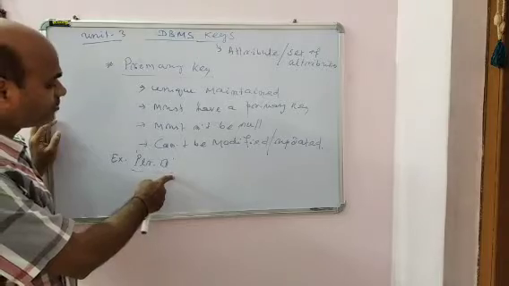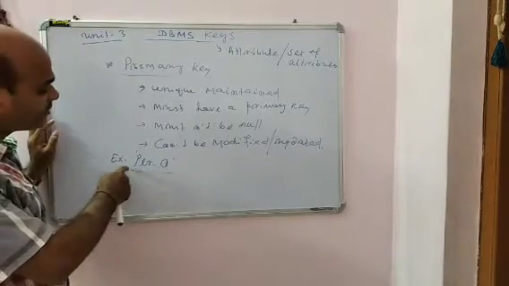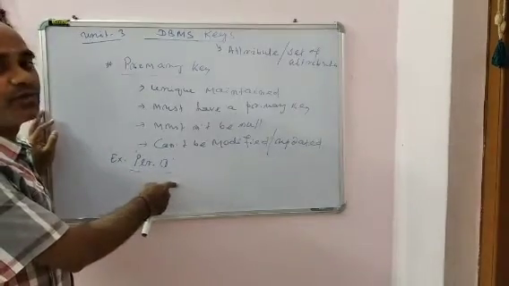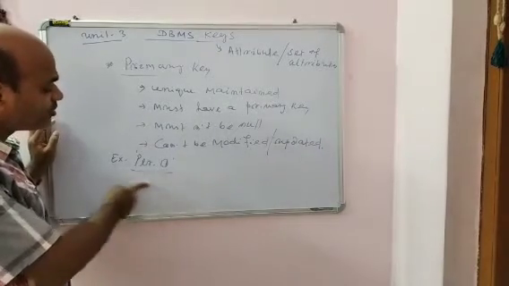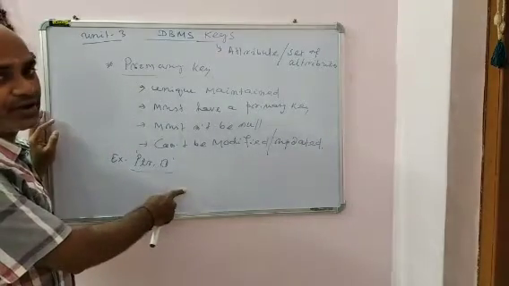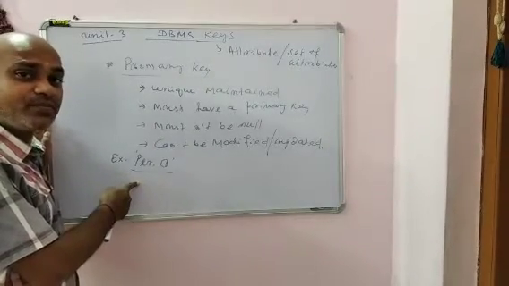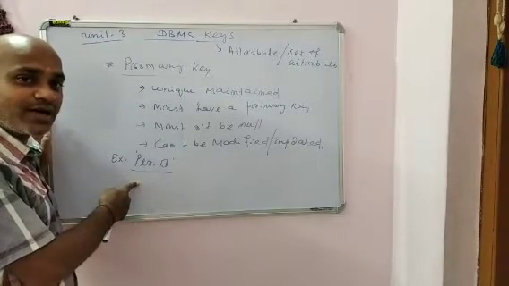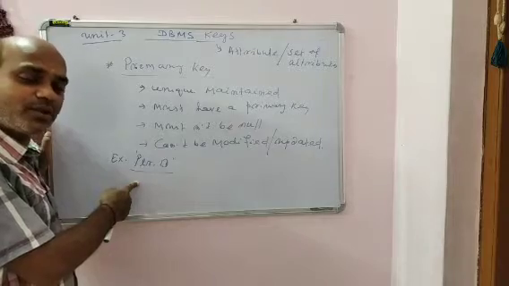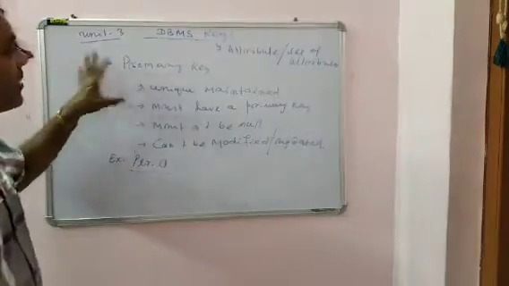This key can never be duplicated. No two persons have the same person ID. No two persons have the same Aadhaar number, because Aadhaar number may be considered as the primary key. So these are all primary keys.